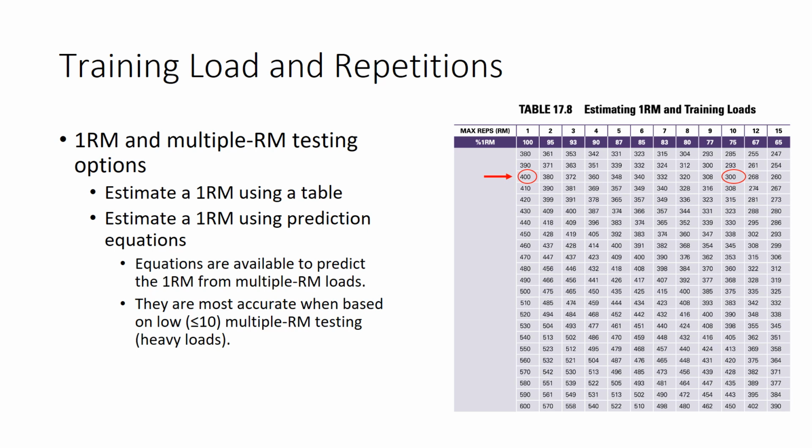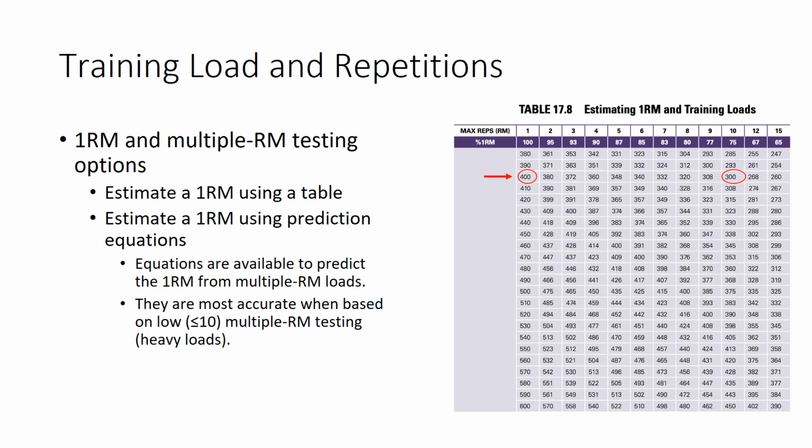So for example, if we have an athlete whose 10 repetition maximum is 300 pounds, looking at the table, the estimated 1RM is 400 pounds.